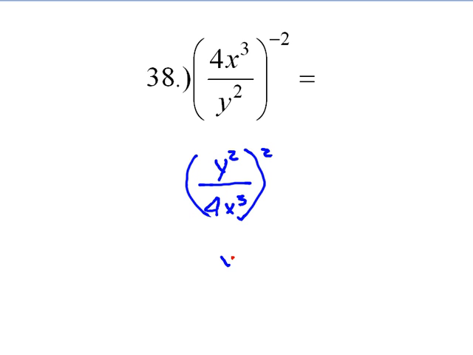So we have y to the fourth. Now don't forget about this 4. Remember, all of this is raised to the second. So 4 raised to the second is actually 16. Exponents raised to an exponent, we multiply them, so we have x to the sixth. And that's our answer.